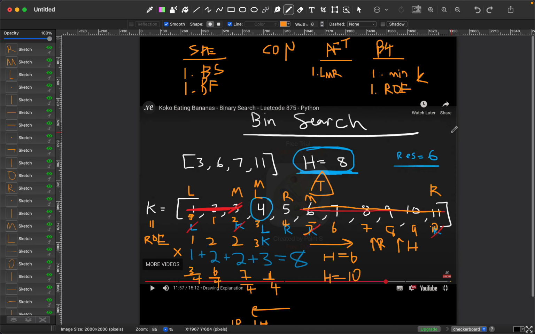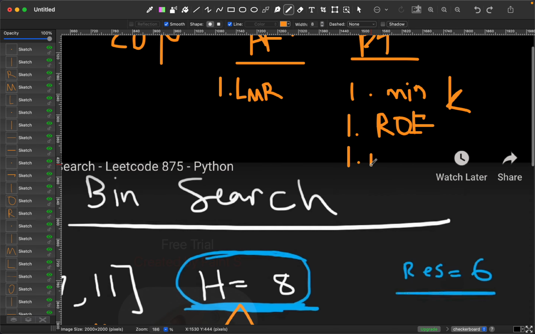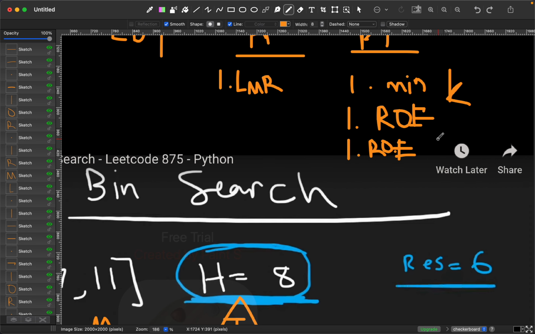So the rule is that you need to convert your rate of eating to my k value, which is my criteria in the first place. My k needs to be as low as possible.